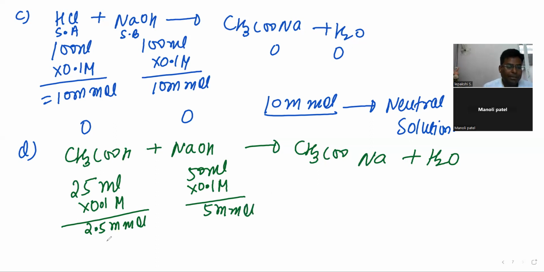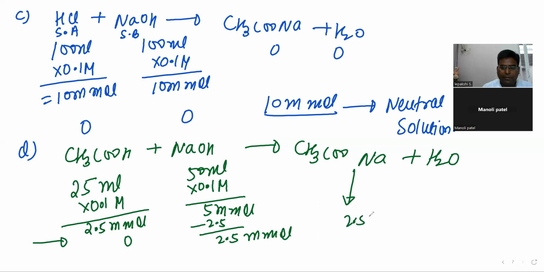After the reaction, this will be consumed, so it will become 0 and this will be consumed 2.5. So 2.5 millimole is remaining, and this will be the 2.5 millimole. So it is a basic buffer solution because it is remaining, right? How much remaining? 2.5 millimole.